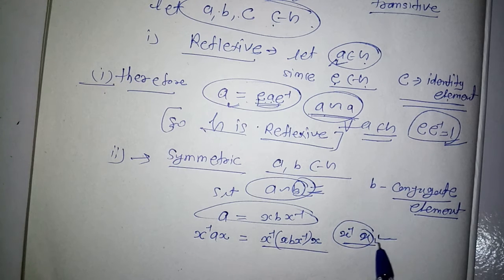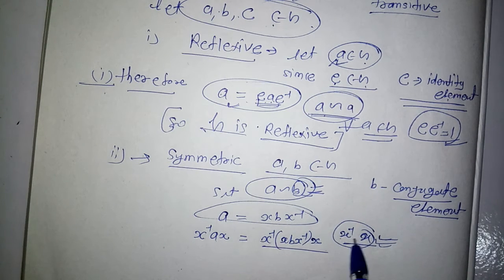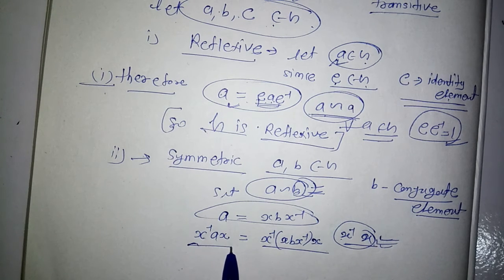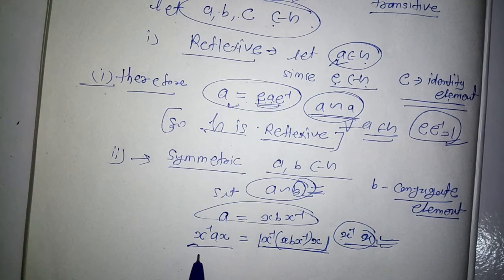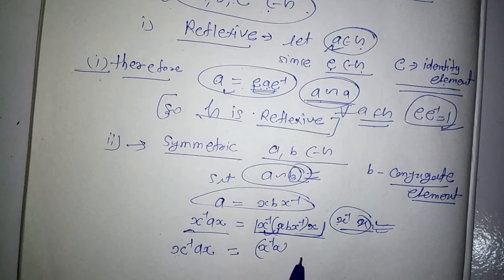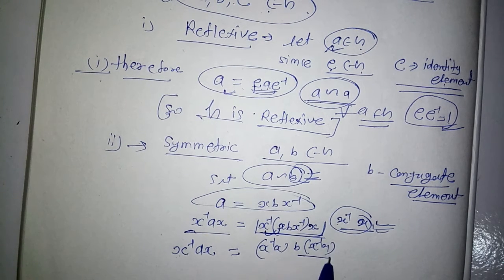Okay, students, we can apply a trick here, X and X inverse multiplied here. This multiplication is written here and also we write here. Okay, students, we can write here X inverse A X is equal to X inverse X, because this is the identity law, and second one is B X inverse X, students.